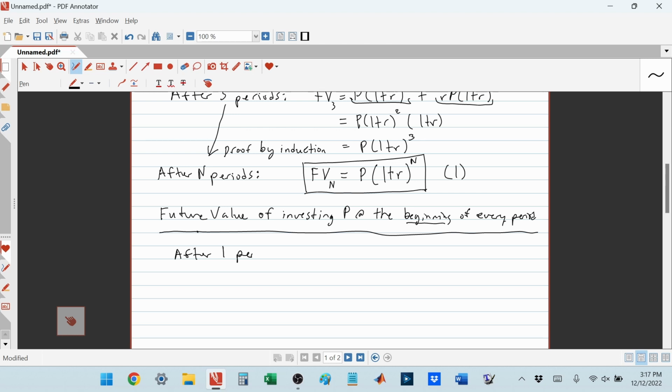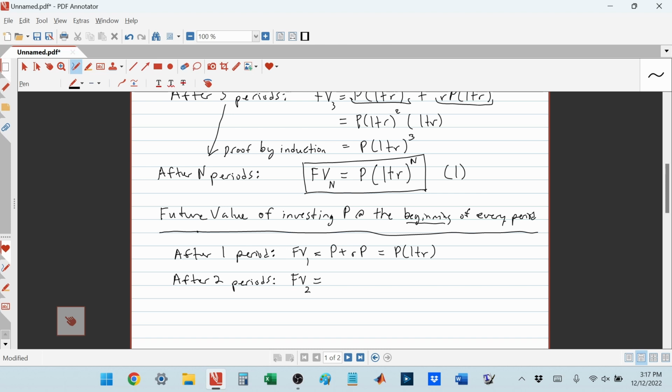Well, after one period, we would have our P plus the interest earned on our P. So our account will be worth that much. After 2 periods, what's the value of our account? Well, after 2 periods, let's think about this.